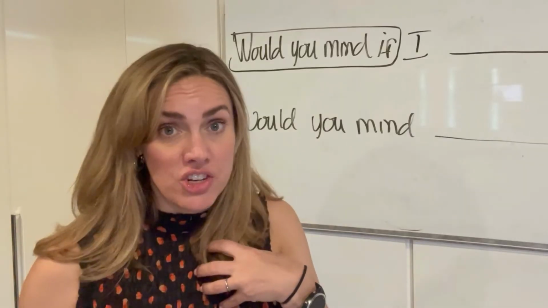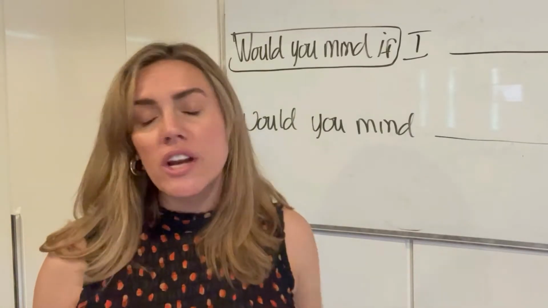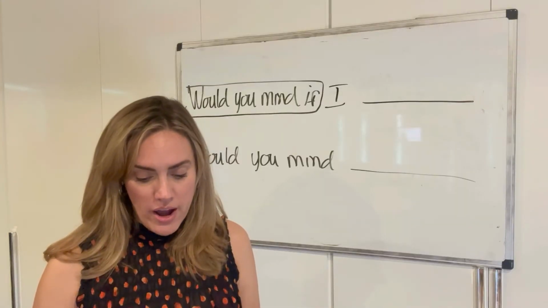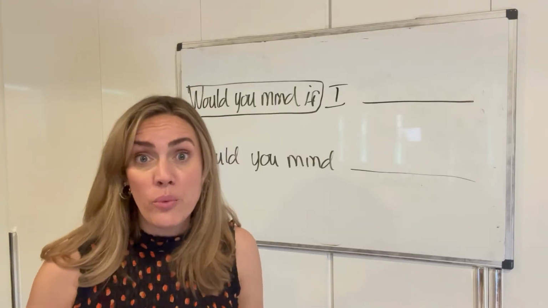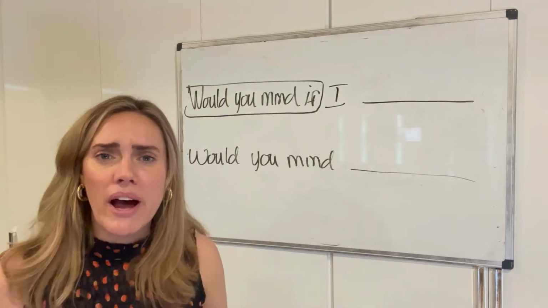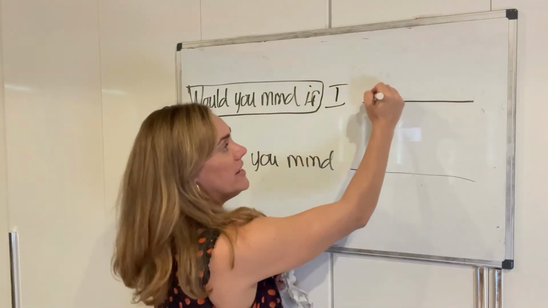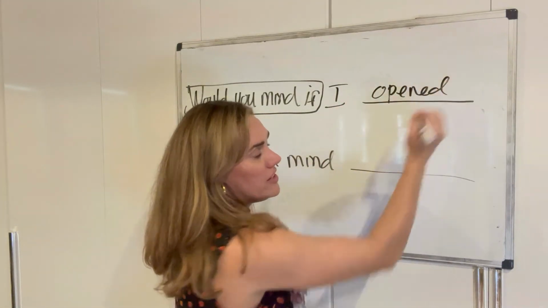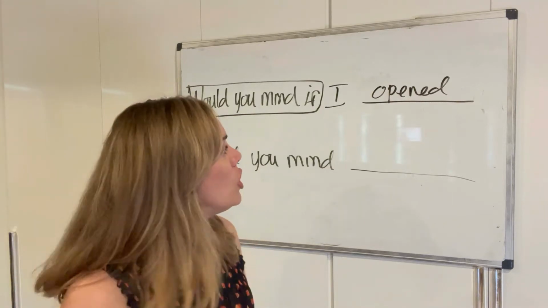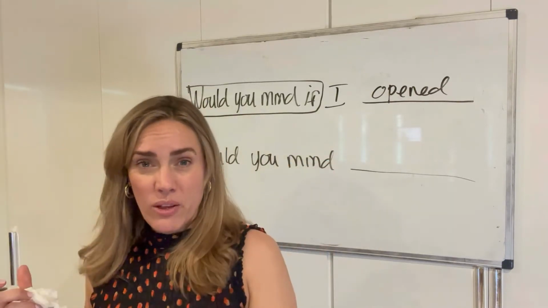So I'm gonna do something and I wanna know if it's going to bother you. So I would like to open the window because it's hot in here. So would you mind if I, and then here, you need to use the past tense of whatever verb you use. Would you mind if I open the window?